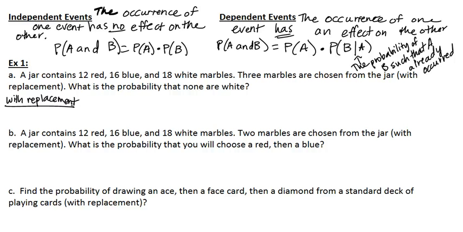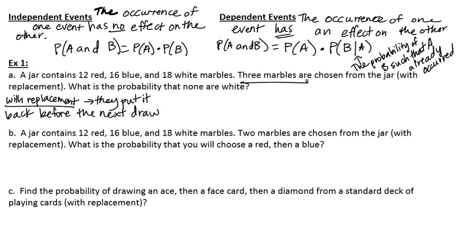That makes the events independent because every time you start a marble draw, you have the same amount of marbles in the jar. So again, with replacement means they put it back before the next draw or the next event.